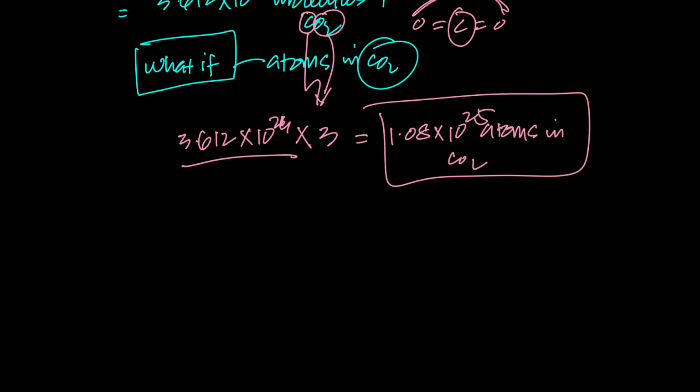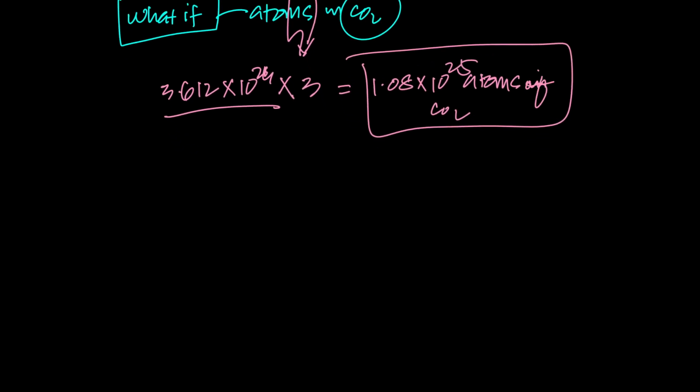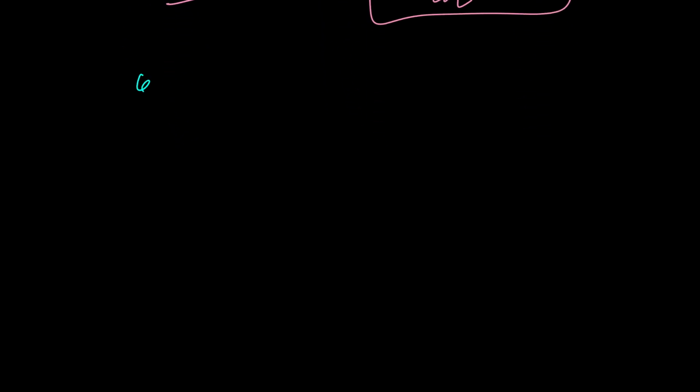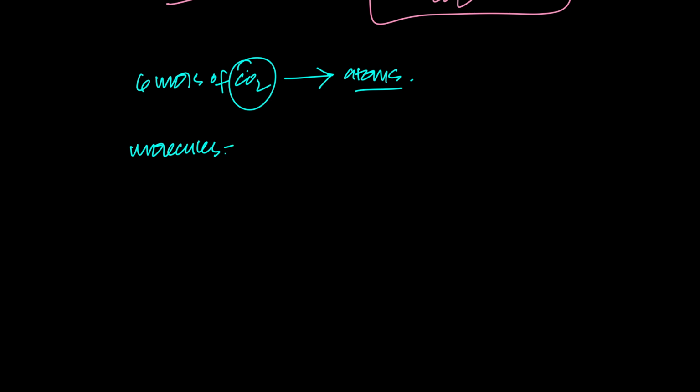Done? Atoms of CO2. Okay, what if I say you have 6 moles of carbon dioxide and I want you to calculate the atoms? Can everybody do it? Well, I'll say, hey, it's carbon dioxide and carbon dioxide is a molecule. So first I'll find the molecules of carbon dioxide, which is, I'll take the moles times 6.02 into 10 to the power 23.